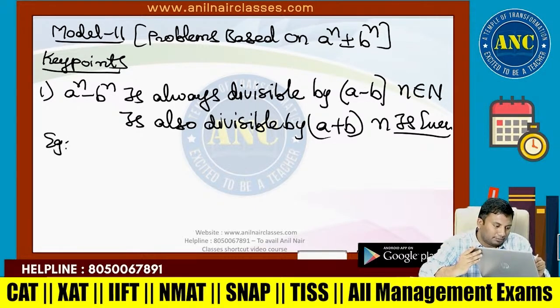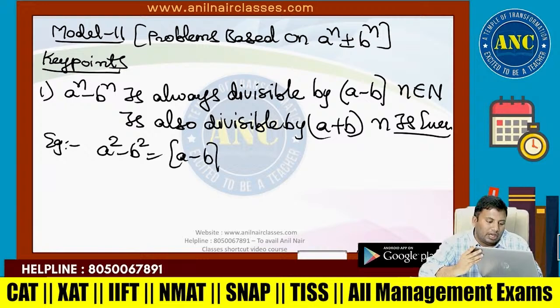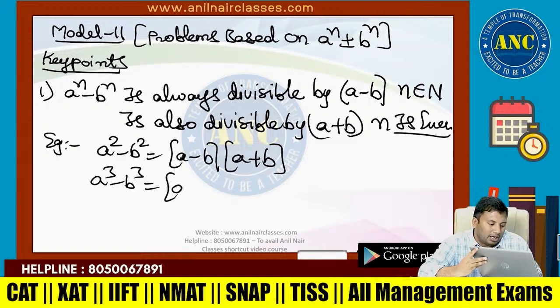Example, a square minus b square is (a minus b) into (a plus b). A cube minus b cube is (a minus b) into (a square plus ab plus b square).